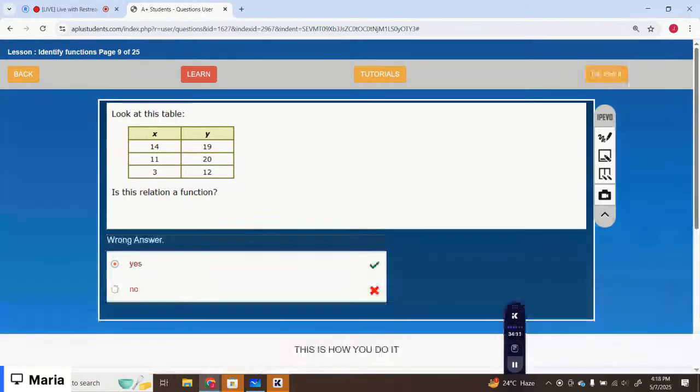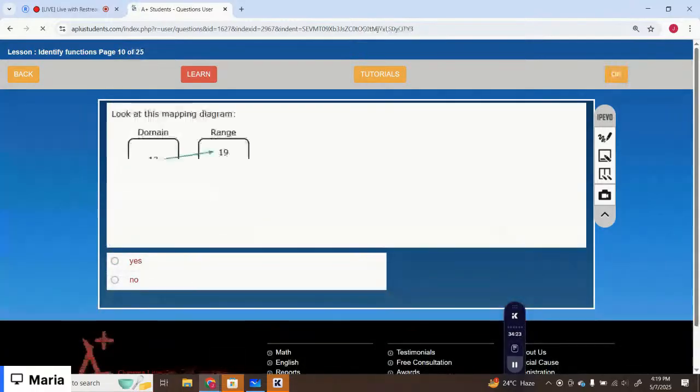No, that is not a function. Oh, yes, that is a function. Look at this mapping diagram. Is this relation a function? Oh, that is not a function.